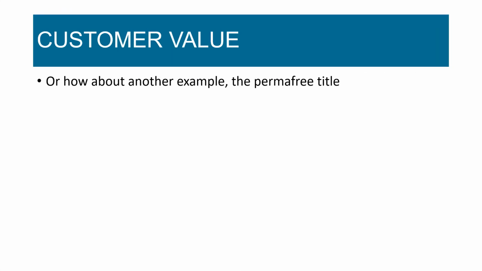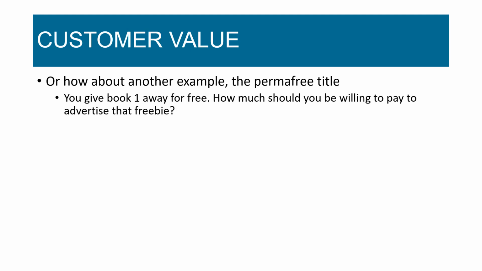Another example to look at is the perma-free title. This is where you set book 1 to free and it is always free. So how much should you be willing to pay to advertise that freebie? If you were just looking at book 1 by itself, the answer would be nothing. Because giving away a title, you're not earning money. But people do it.